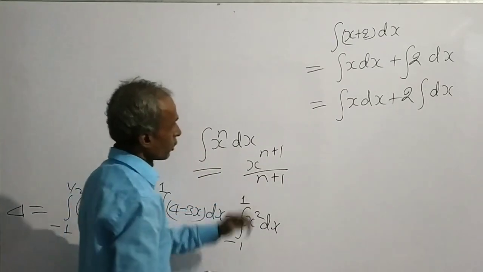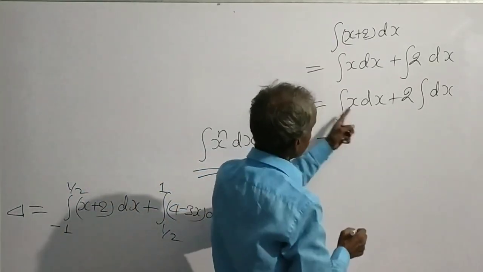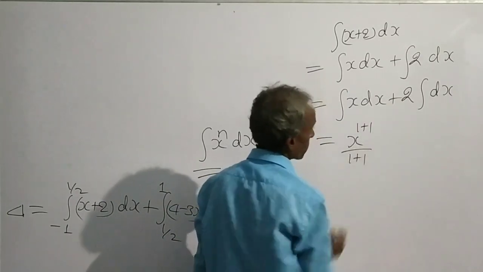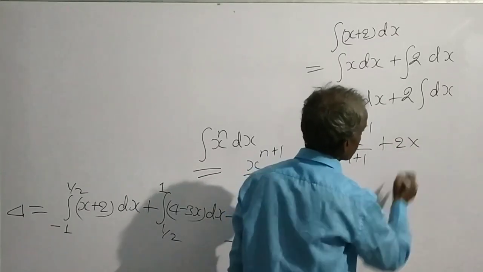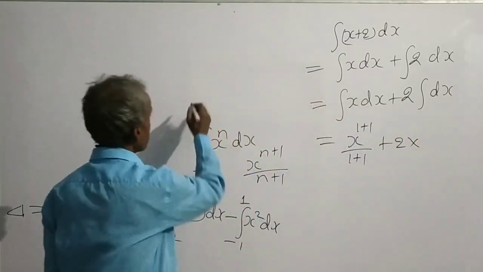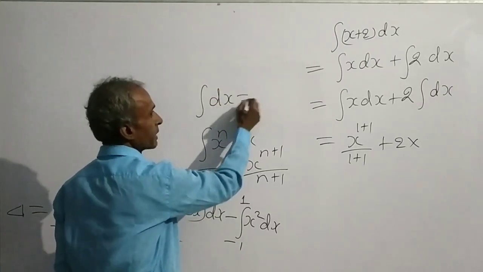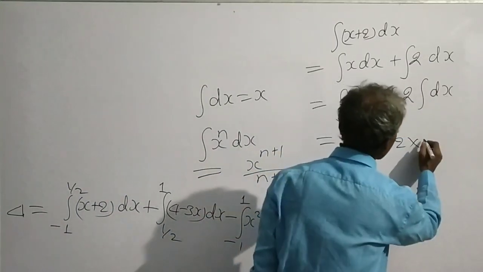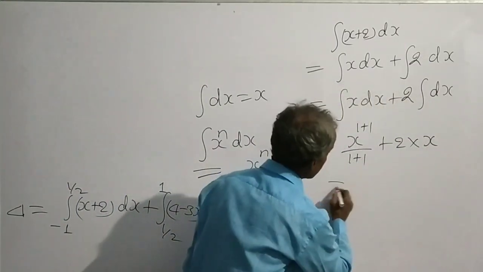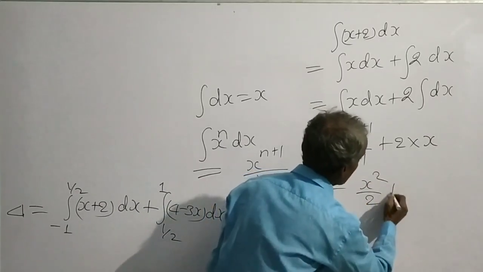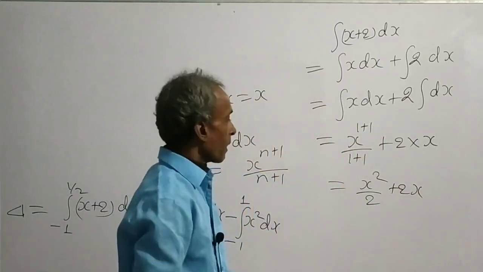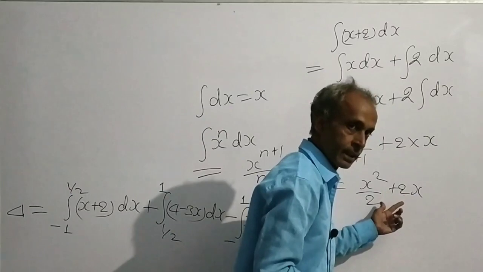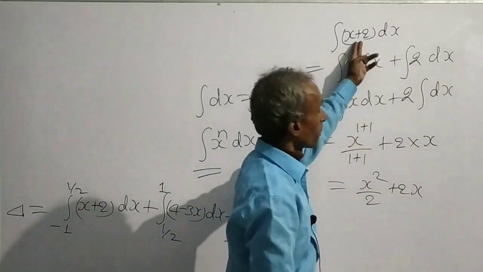By using this formula, the integration of x dx can be written as x to the power 1 + 1 by 1 + 1, plus 2 times the integration of dx, which is equal to x. This becomes equal to x square by 2 plus 2x. This is the indefinite integral of x + 2.